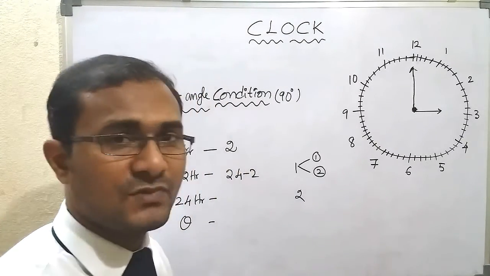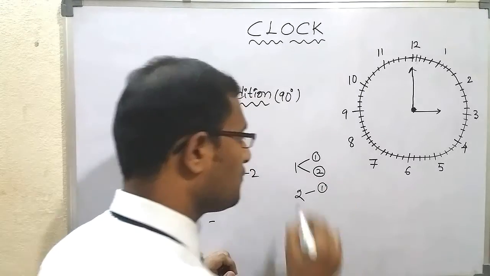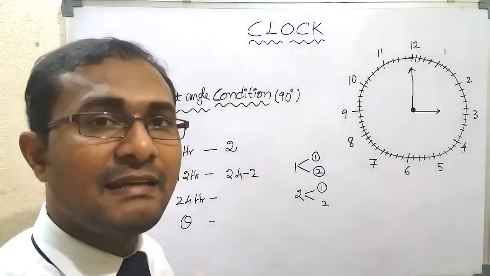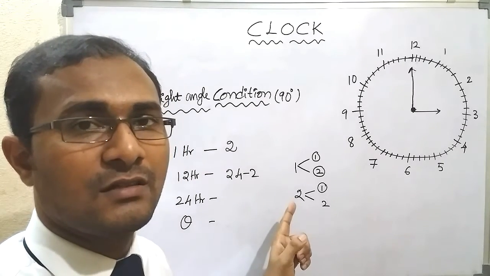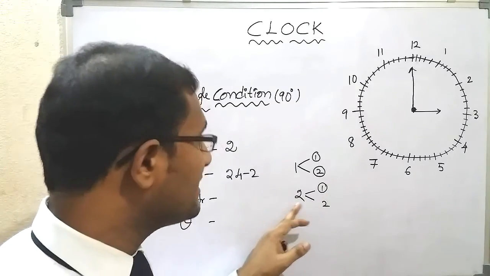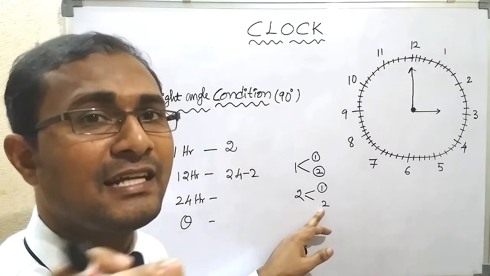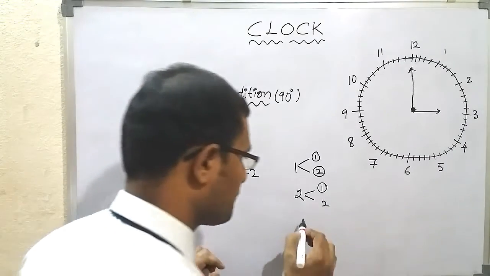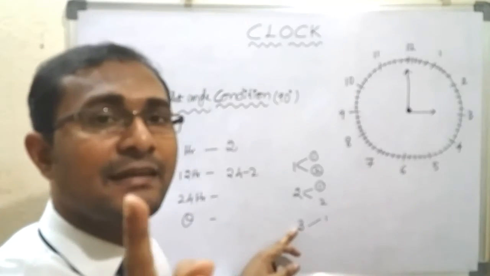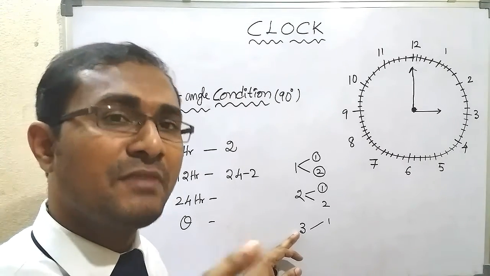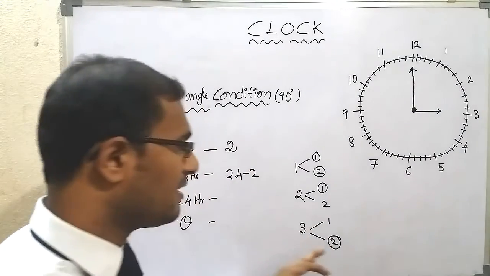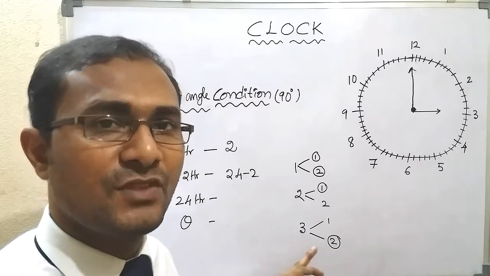If you take 2 o'clock, the first right angle condition is possible, but there is no separate second right angle condition for 2 o'clock. For 3 o'clock there is no separate first right angle condition, but there is a second right angle condition for 3 o'clock.